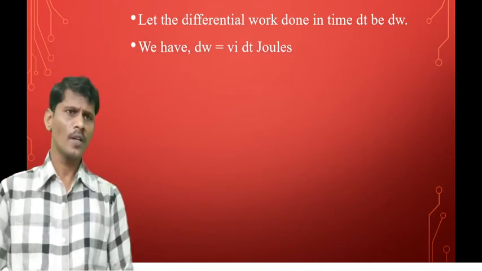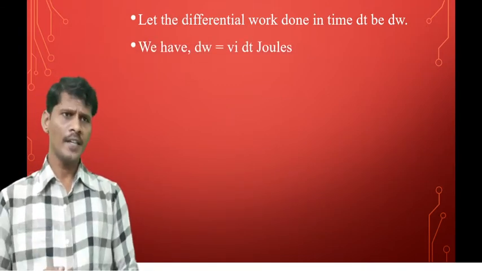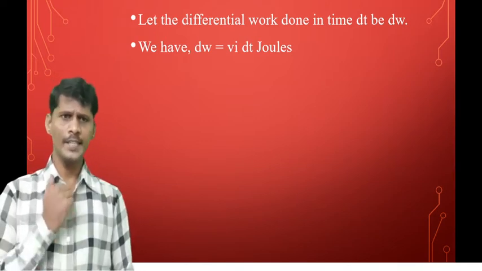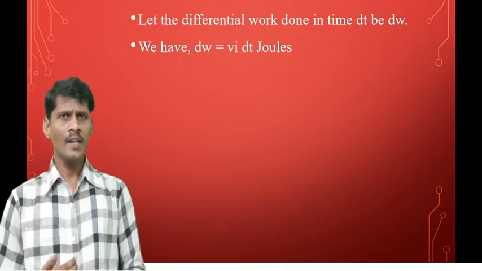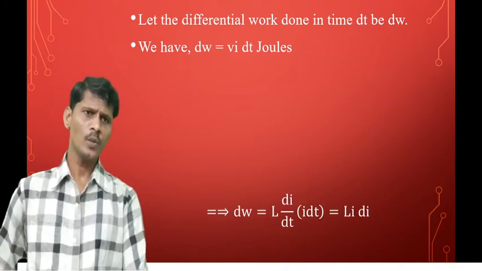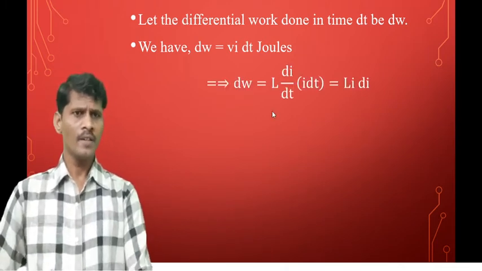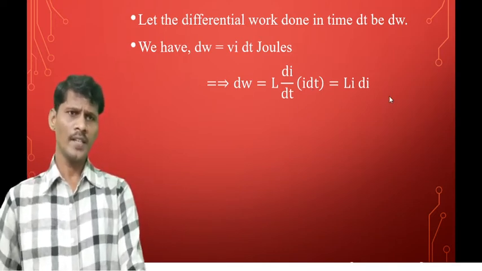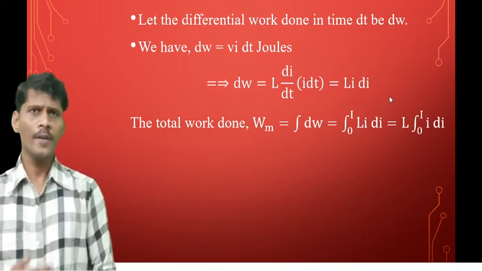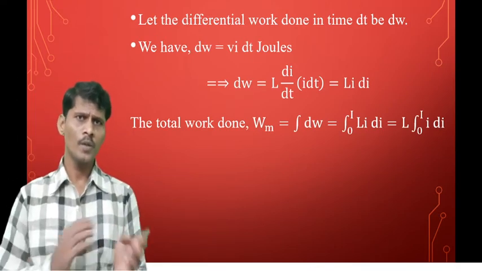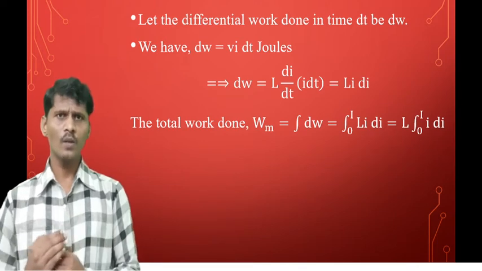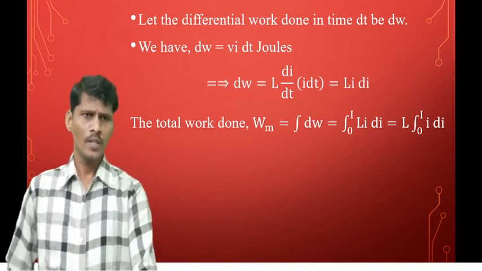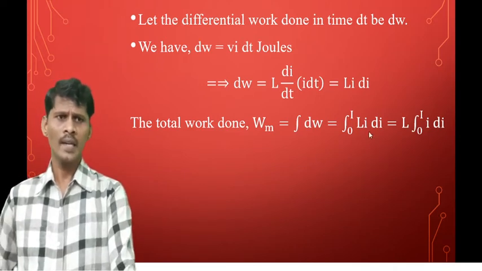The differential work done in time dt, dW, is equal to V i dt joules, where V is L into di by dt, into i into dt. The dt in numerator and denominator cancels, and we get L i di. The total work done Wm, integrating the above equation on both sides, is equal to integral dW, that is, integral from 0 to I of L i di.